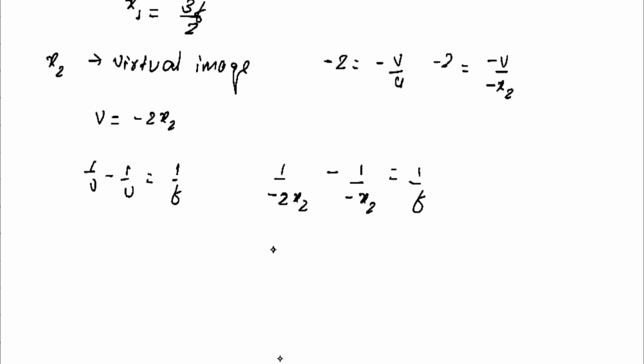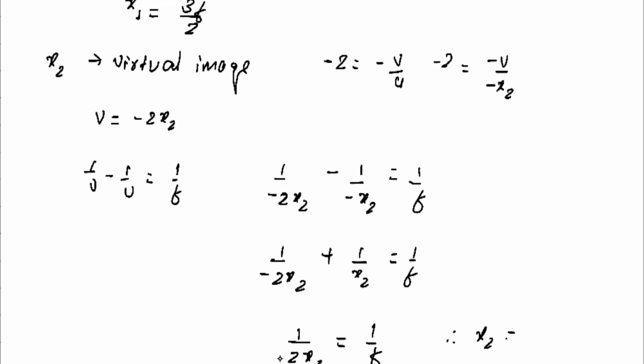So this side 1 by minus 2x2 plus 1 by x2 equal to 1 by f. So from here it will be 1 by 2x2 equal to 1 by f. So therefore x2 equal to f by 2.